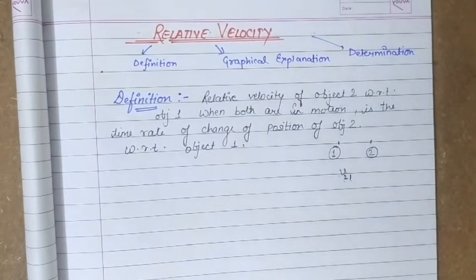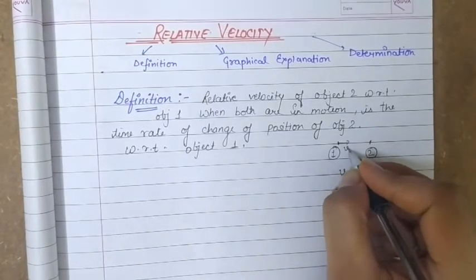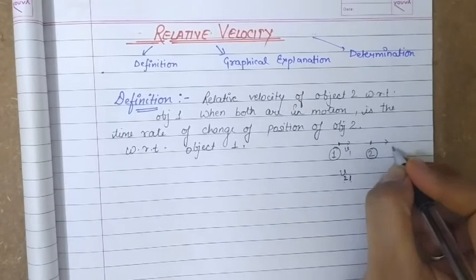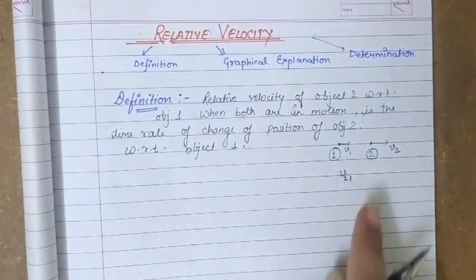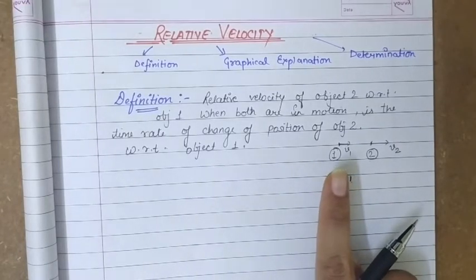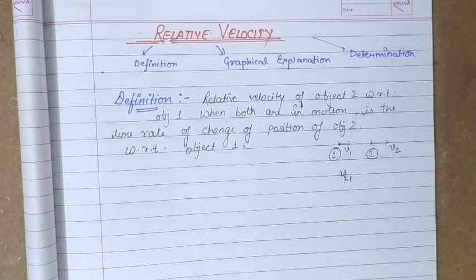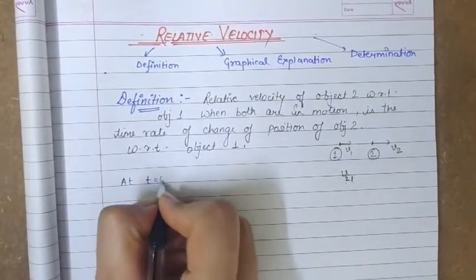Now if we talk about the expression of relative velocity, how can we give that? Suppose this is object 1 moving with velocity v1, this is object 2 moving with velocity v2, and we want to find the relative velocity of object 2 with respect to object 1. We are assuming the position coordinates of the two objects at t equal to 0.